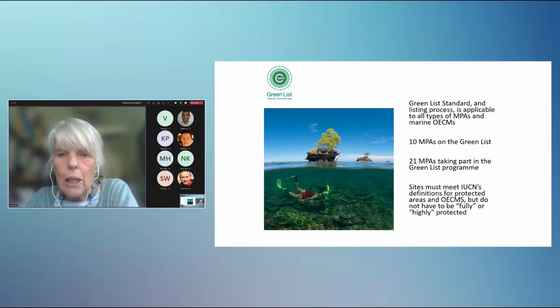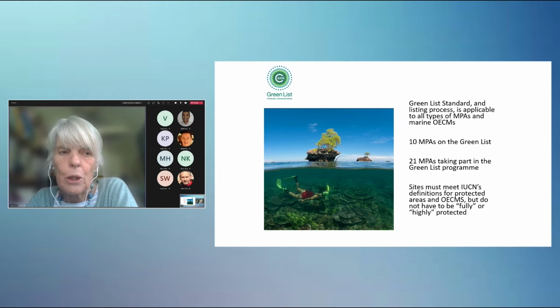So, of course, well established now, the Green List works for terrestrial, marine, freshwater, all types of MPAs and OECMs. We've now got 10 MPAs on the Green List, at least 21 taking part. I think a key point here to note is that what we need to get a lot of people in the MPA communities to understand is that the Green List can be used for all types of MPAs.